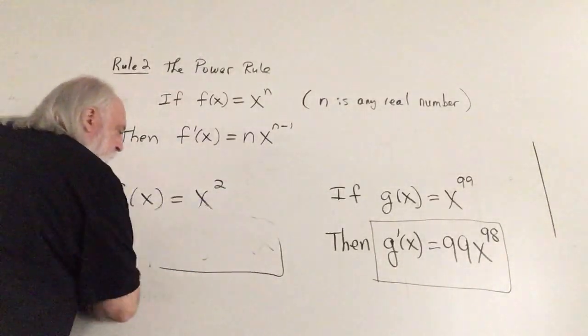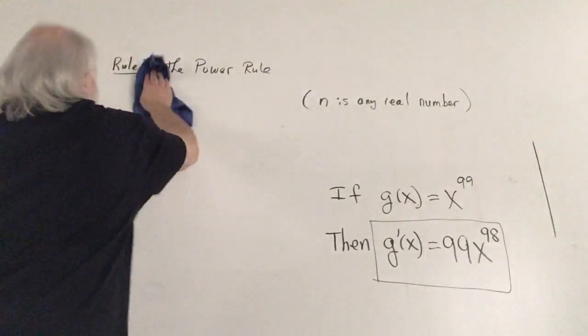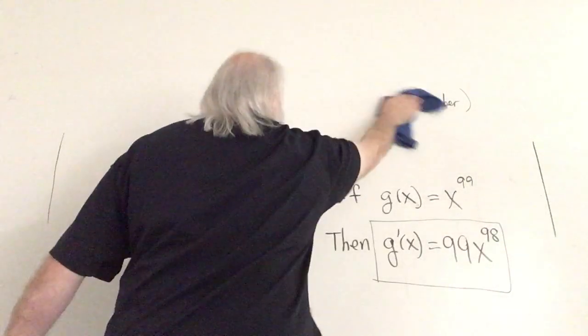Rule number 3 has to do with when you multiply a function by a constant. So I'm on page 15 of your packet.